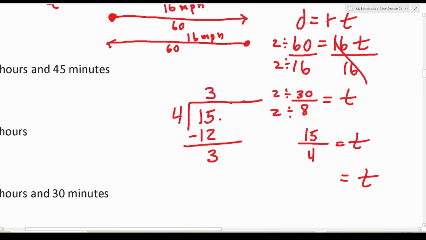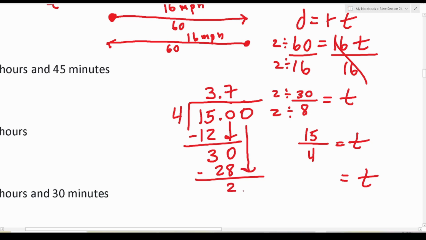You can tack on a decimal and a couple 0 placeholders to keep working this out. And once you do that, you have to bring that decimal up here, and you drop down this 0 here. And the question becomes, how many times does 4 go into 30 without going over? Well, that's going to be 7 times, given that 4 times 7 is 28. 30 minus 28 is 2.